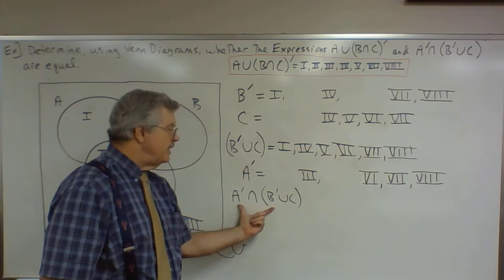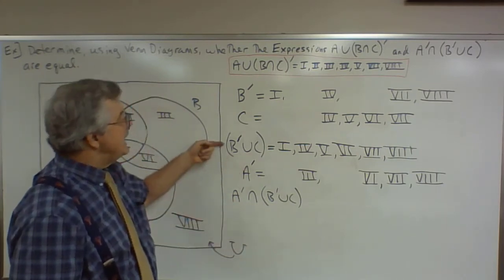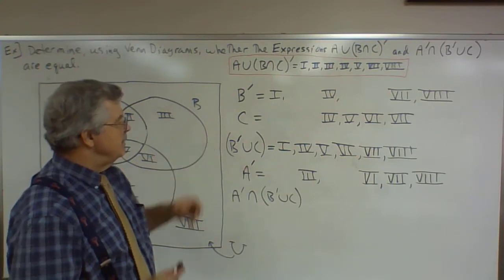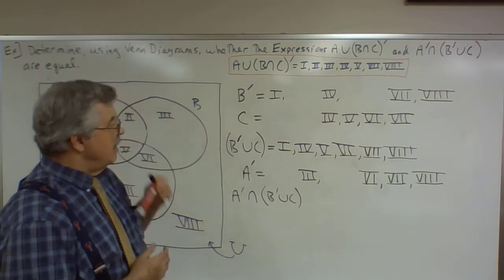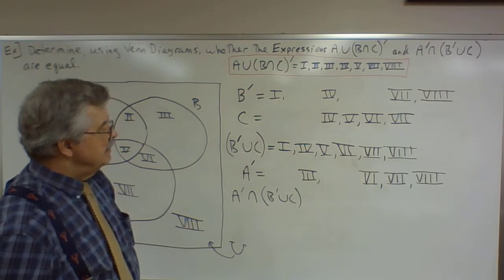So anything in the intersection has to be in both A complement and in B complement union C. Which regions do they have in common?